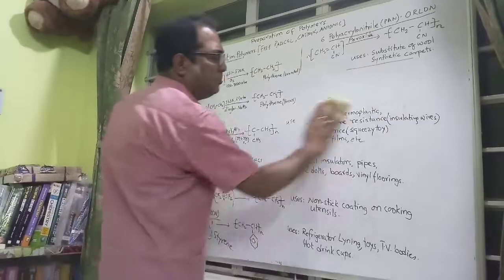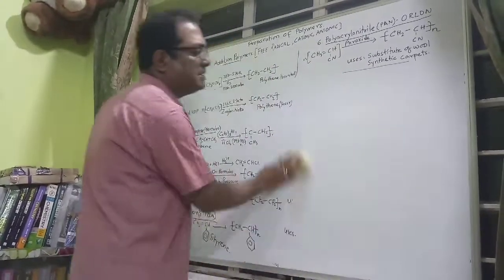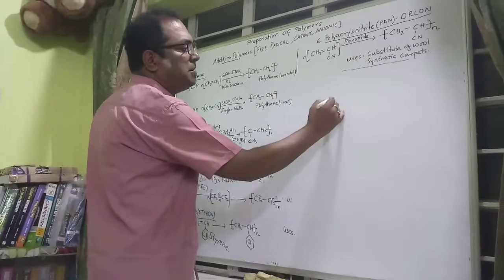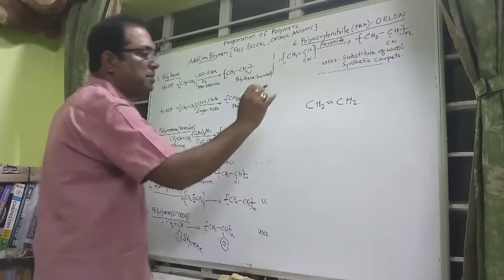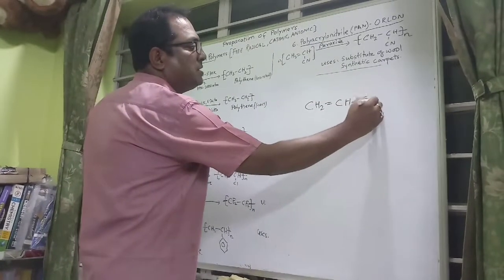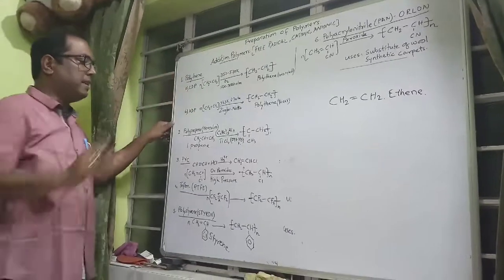So I will just take 2 minutes. You know how important this ethene is for addition polymerization. CH2 double bond CH2, this is what we call ethene, E-T-H-E-N-E. Okay, so we have gone with ethene.